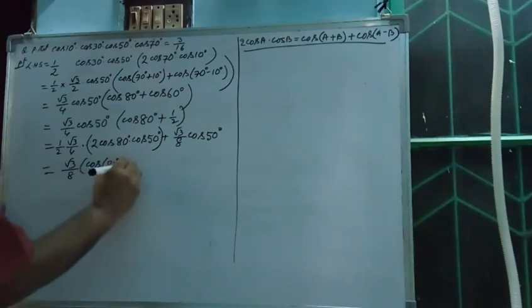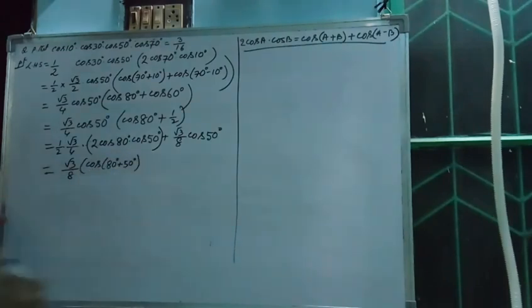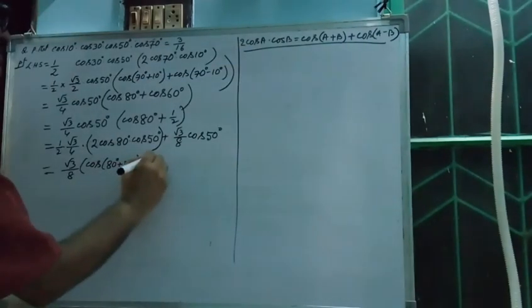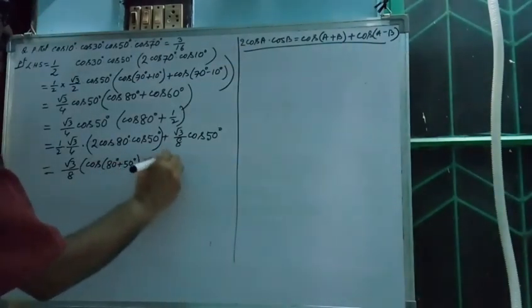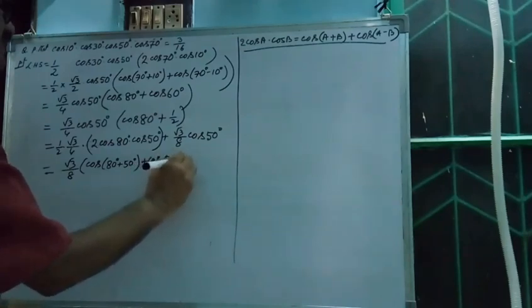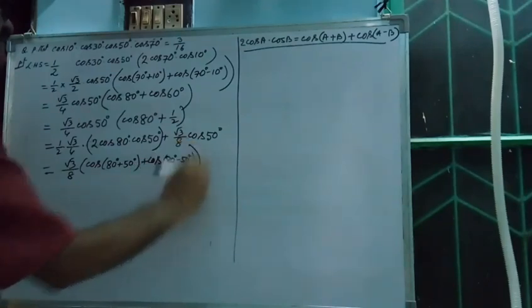plus cos(A−B), that is cos(80+50) plus cos(80−50), right?